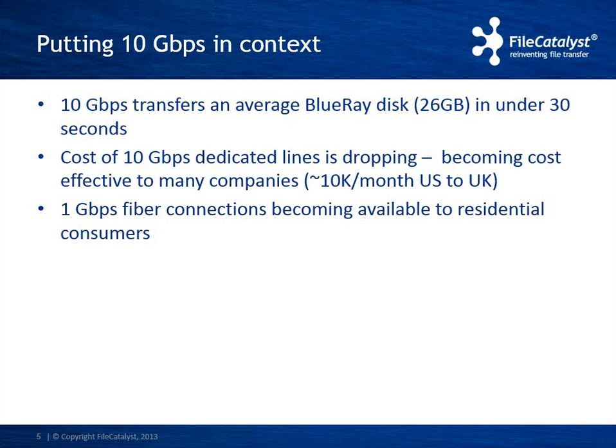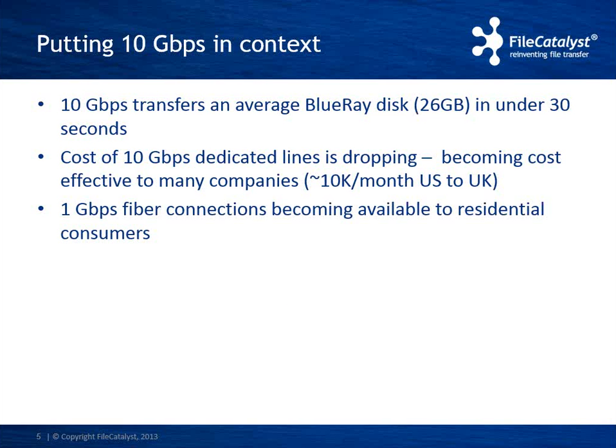Another reason why now is the time to talk about 10 gigabits is that 10 gigabit private links are dropping in price. We've heard reports that you can get a 10 gigabit dedicated line for about $10,000 a month between the US and the UK. So the cost is starting to come down to the point where enterprises and medium businesses can take advantage of that and really speed up their production workflow.